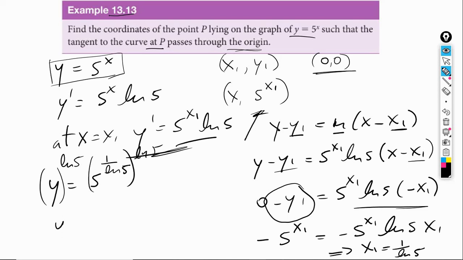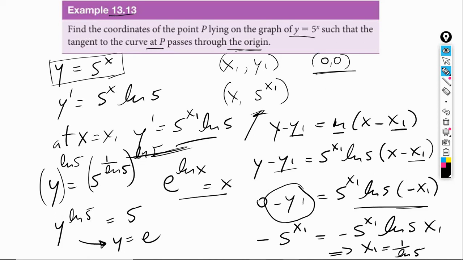So notice that I'm going to get that y to the power of natural logarithm of 5 is equal to 5. So this means that y has to be equal to Euler's number. Why is that? Because Euler's number is the only one that if you have Euler's number to the power of natural logarithm of something, it equals that something. So obviously, y has to be Euler's number. Therefore, the coordinates of P must be 1 over natural logarithm of 5, comma, E.